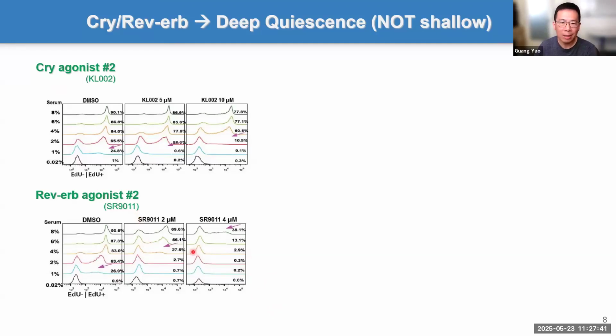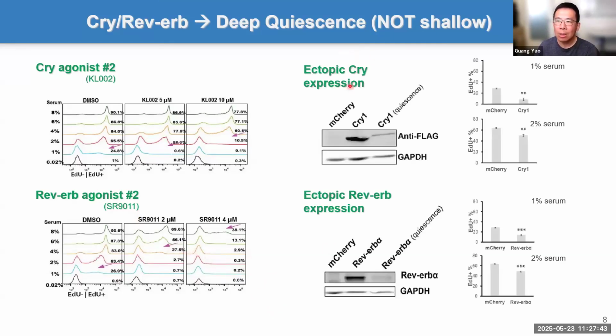Okay, maybe those are drugs, and maybe the drug has something we don't understand. So let's do this genetically. Let's just ectopically express Cry directly without a drug. These are quiescent fibroblast cells after two days of starvation. You have basal expression levels of Cry and RevERB, but we can overexpress them by transfecting the cells with expression vectors.